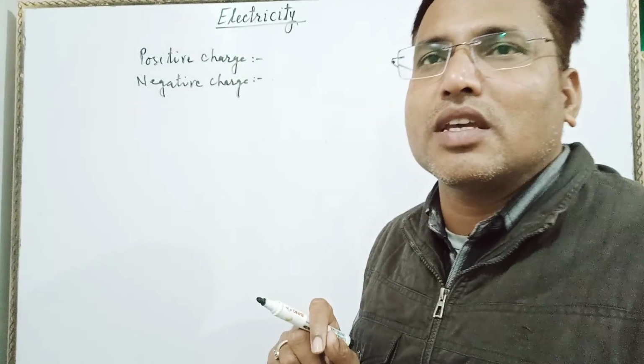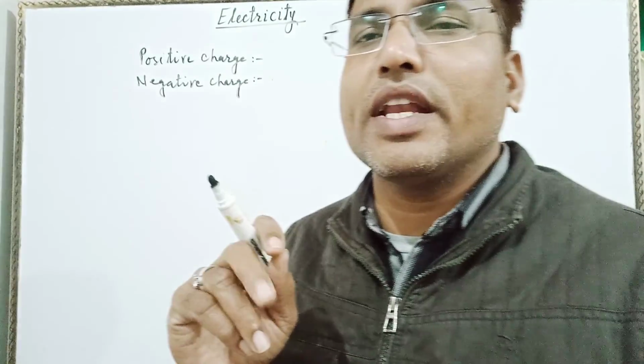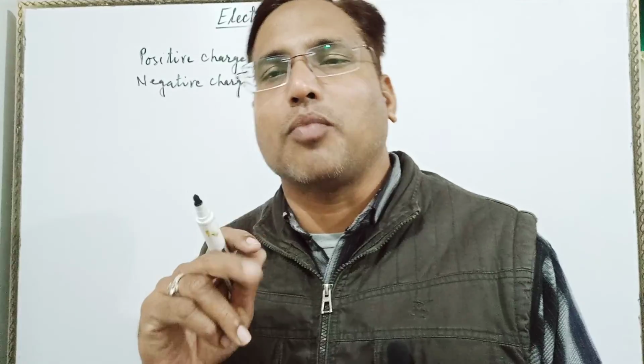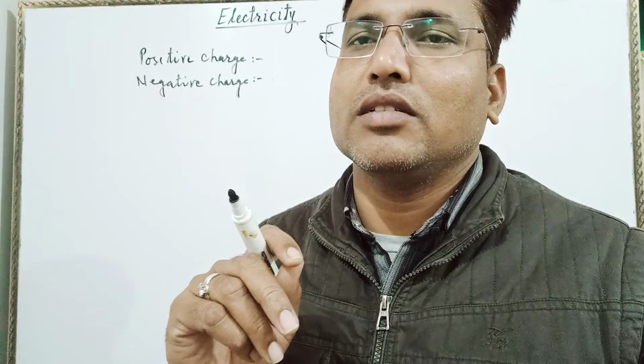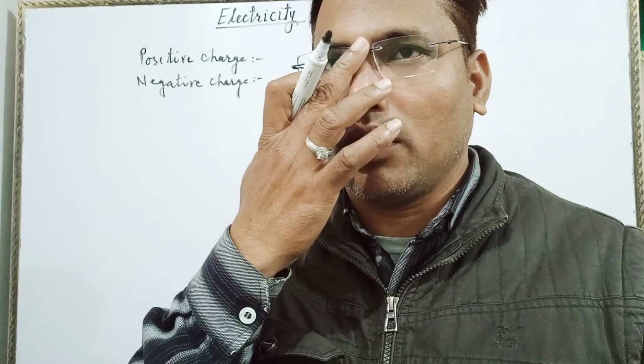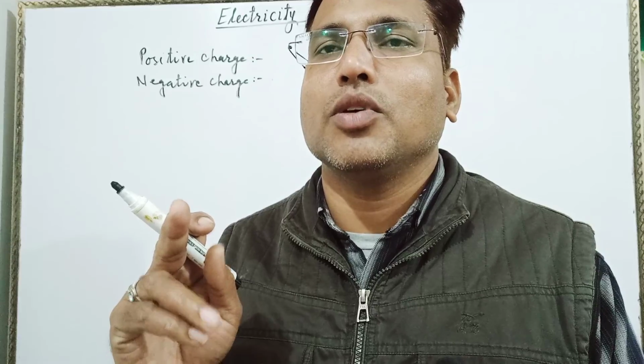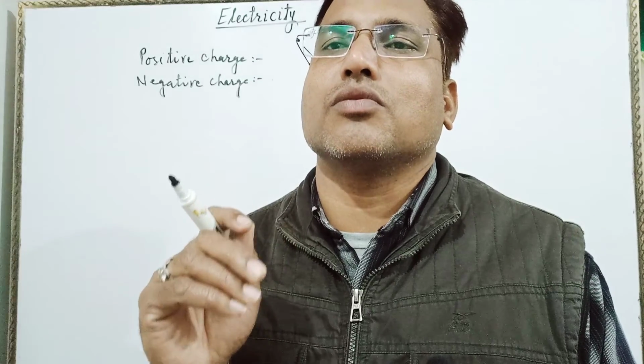In class 8 and 9 we studied that when a body is rubbed over another body, the bodies get charged. That body gets charged because of the transfer of electrons.